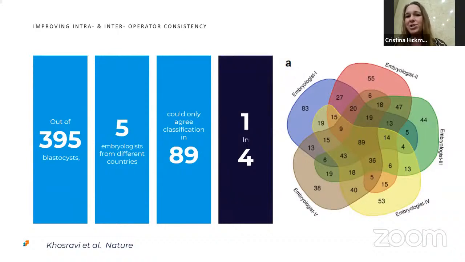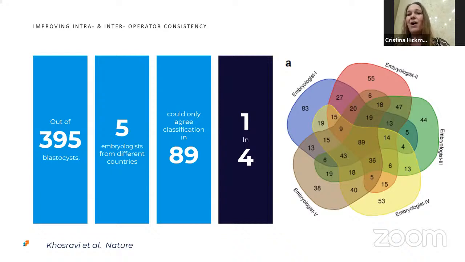We did a research that we published in the Nature magazine together with 5 embryologists from 5 different countries. And what we found is that when we bring embryologists from across the world, they don't always agree on which embryo to transfer back. So here we have the assessments. On the right, you see a Venn diagram that shows the assessments by 5 different embryologists.